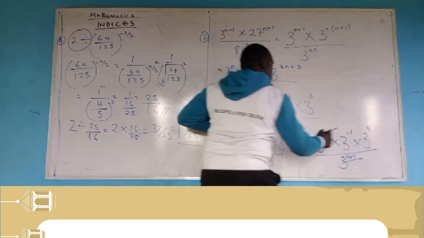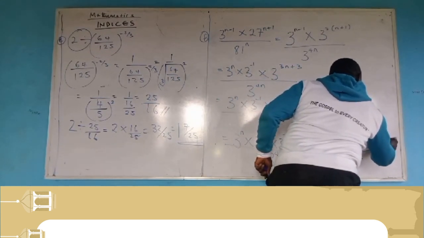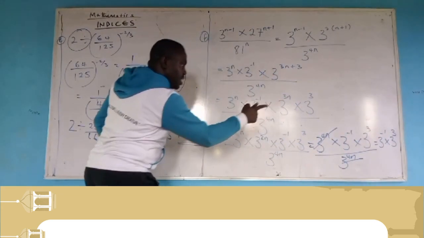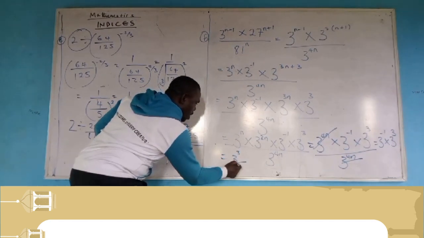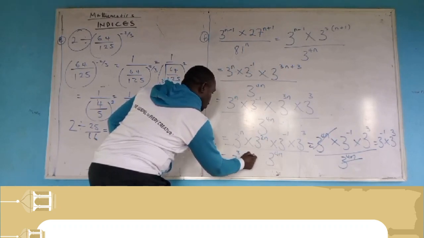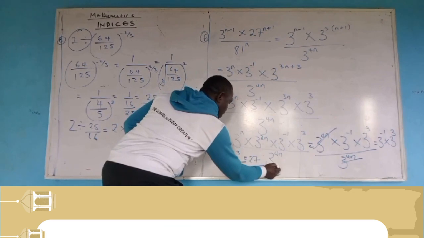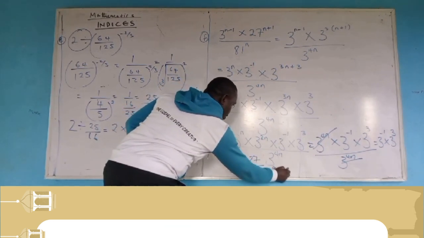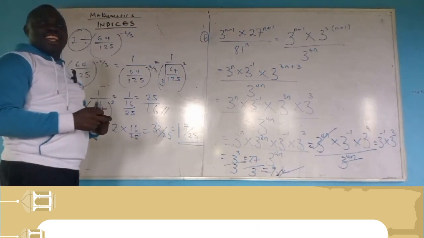Cancel, cancel. I am left with 3 raised to power minus 1 times 3 raised to power 3. That is the same thing as 3 raised to power 3 over 3. That's it. Which is 27 over 3. And then what do you have there? 9. So our answer is 9.